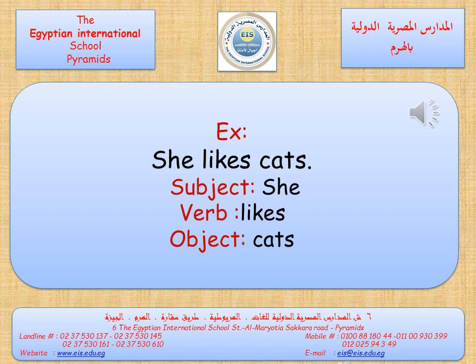Okay, what does she like? She likes, yes, cats. So cats is the object. Cats is the receiver of the action. So we have now the subject and the verb and the object.